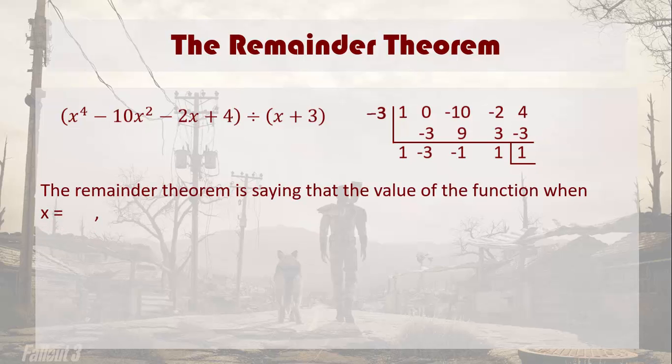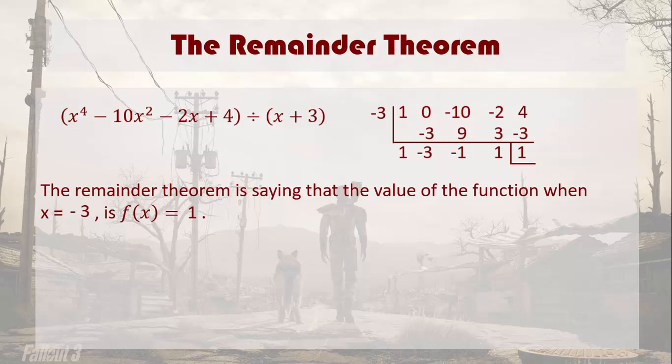What the remainder theorem is saying is that the value of the function when x equals -3 is 1. So in other words, instead of having to plug -3 into the whole function and crank it out, you can use synthetic division, which is much quicker and much easier.